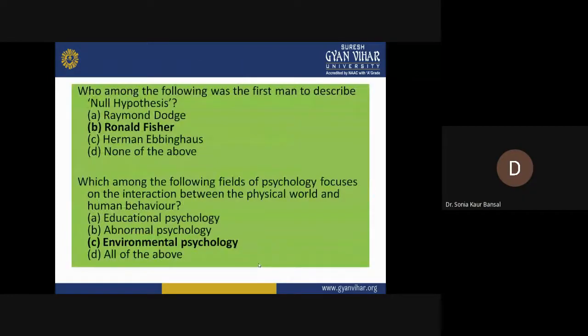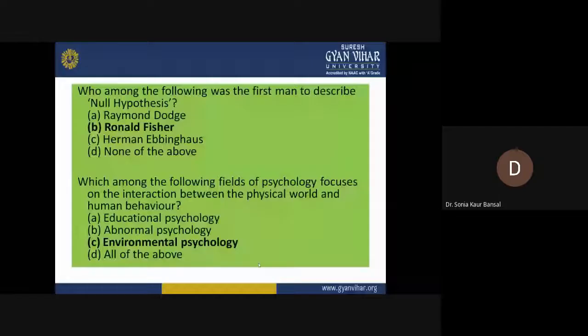Next question: who among the following was the man to describe the null hypothesis? A, Raymond Dodge; B, Ronald Fisher; C, Hermann Ebbinghaus; or D, none of the above. The correct answer is Ronald Fisher.